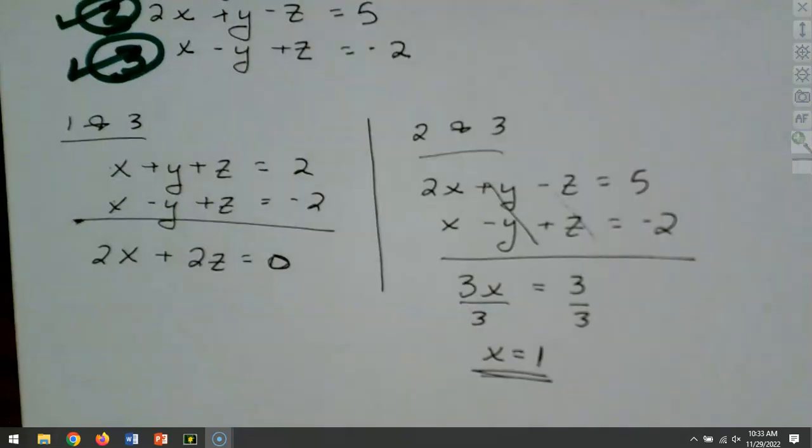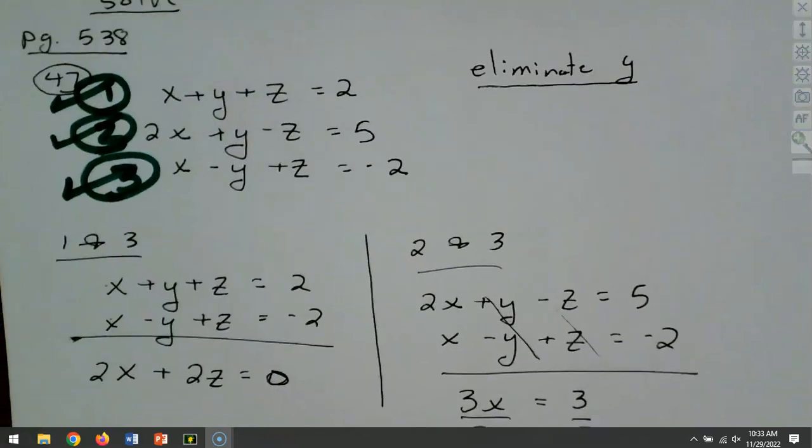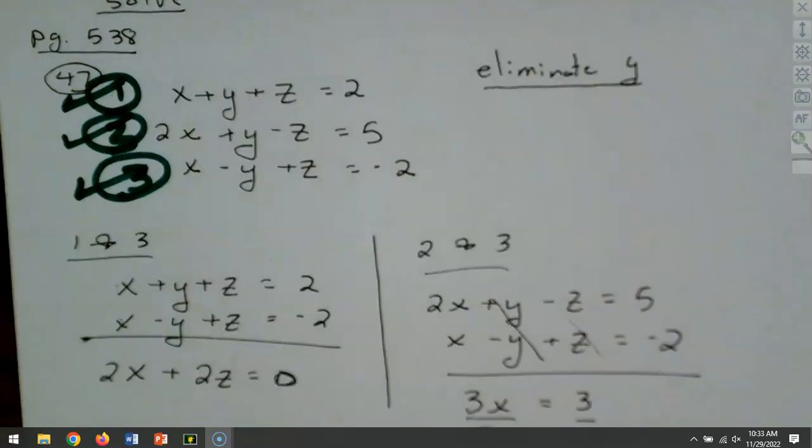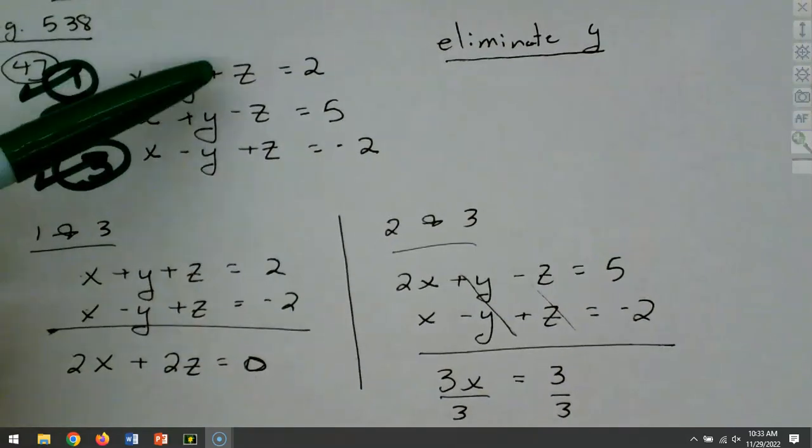Now, once we've got the first piece, then we have to start working backwards. When I plug in a variable, I want to make sure that I only have one other variable. So I can't plug this x equals 1 back into any of the originals, because that would give you 2 variables left.